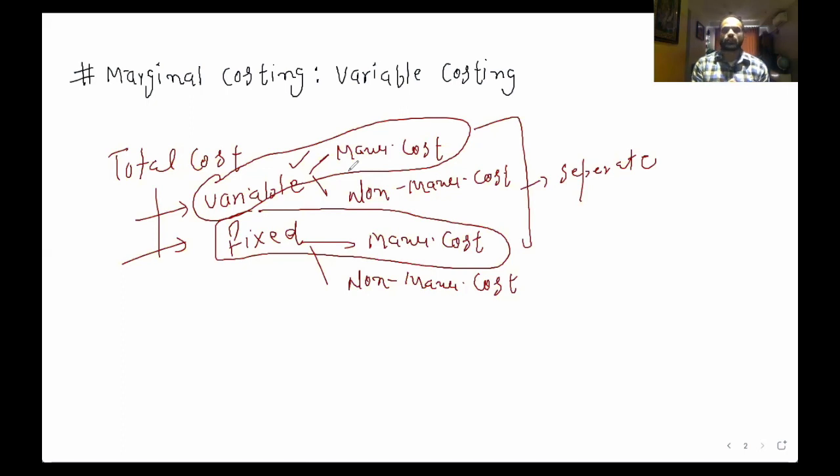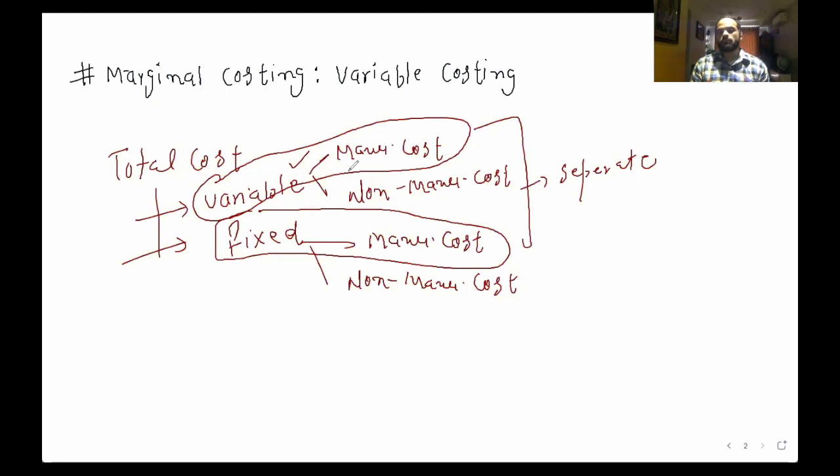Variable non-manufacturing involve marketing, advertising, maybe transportations, packaging, distribution, labeling. All these kinds of costs are variable non-manufacturing cost. All right.